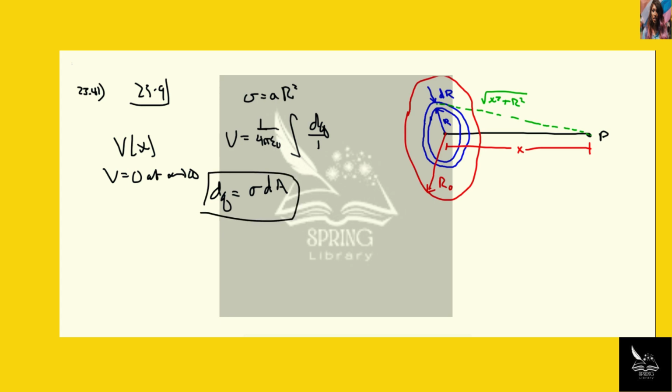If we plug in what sigma is, that's A R squared, and dA is the differential of our area function, and that becomes 2 pi r dr. If A is pi r squared, dA equals 2 pi r dr. That's how we get that.